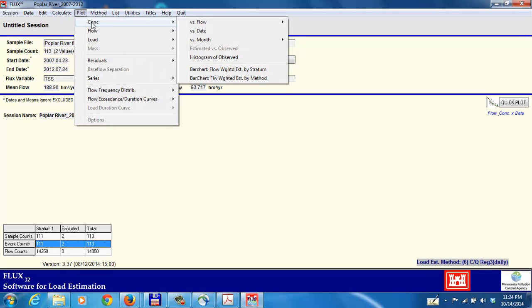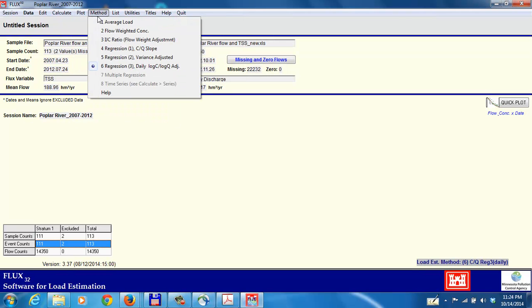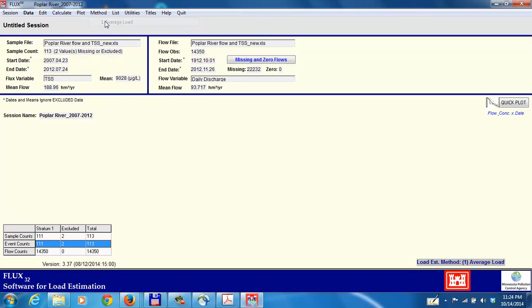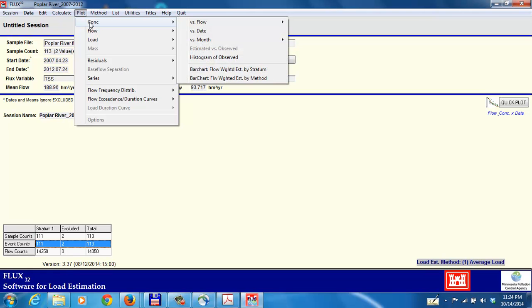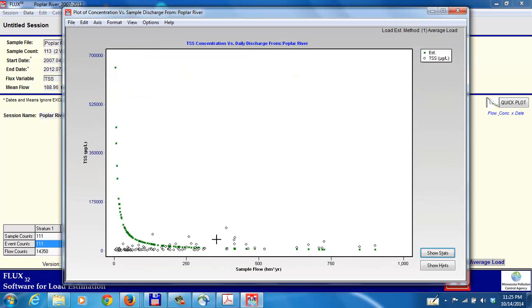The flux estimates are strongly based on the relationship between concentration and flow. And so it's useful to see that relationship. We did some of that plotting for assignment 1. Let's look at the relationship between concentration and flow for method 1 for our data.